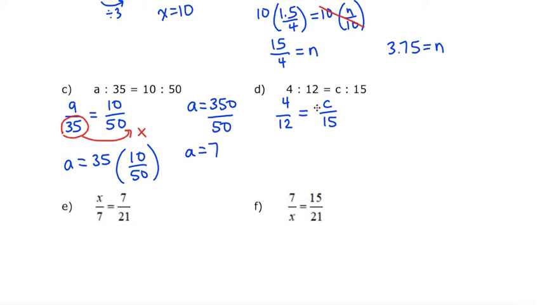When we do that, the 15 disappears from the right-hand side of this equation. And so we are going to have 15 times 4 over 12. 15 times 4 is 60.